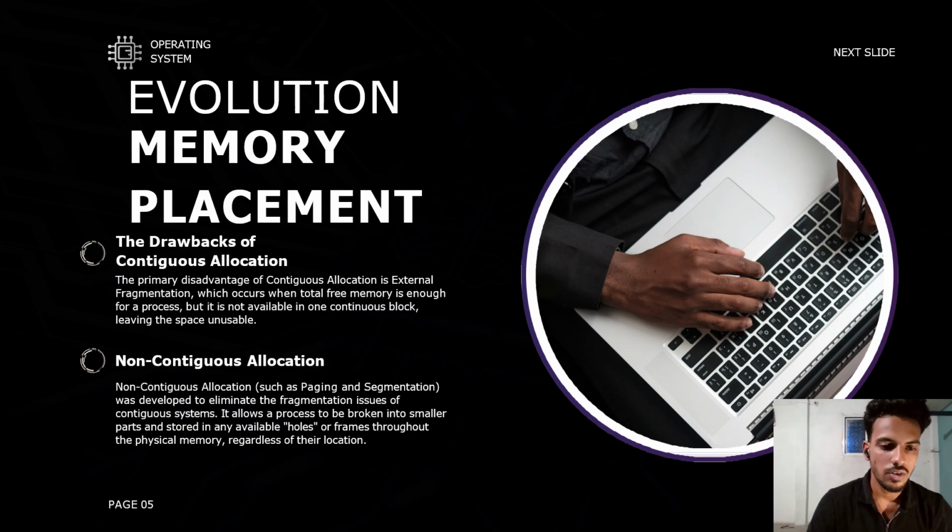Second was non-contiguous allocation. Non-contiguous allocation, such as paging and segmentation, was developed to eliminate the fragmentation issue of contiguous systems. It allows a process to be broken into parts and stored throughout the physical memory regardless of location. Let's look at the next page.